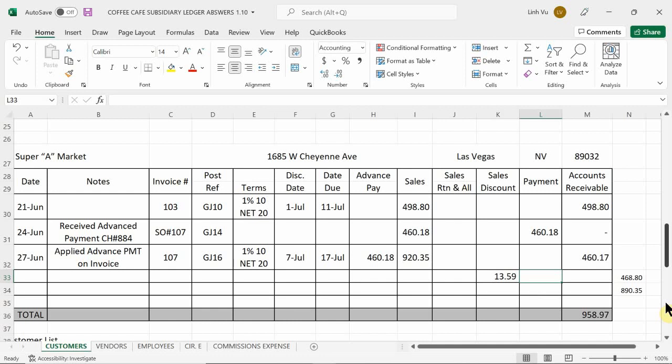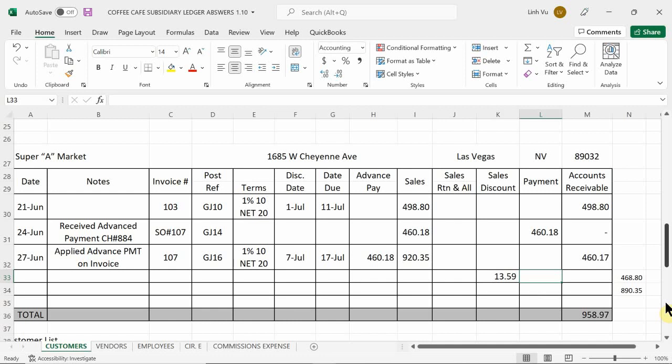On top of that, you can't take the discount off of their advance payment, because that advance payment is essentially just going to apply to the bill, which is exactly what we did here. So what did we actually sell to them? We sold $920.35, but actually we didn't sell 920 because we also tacked on $30 worth of delivery charges.